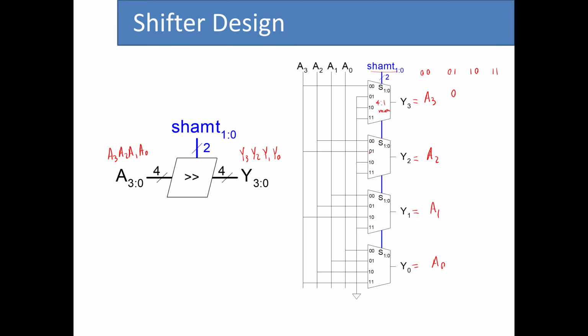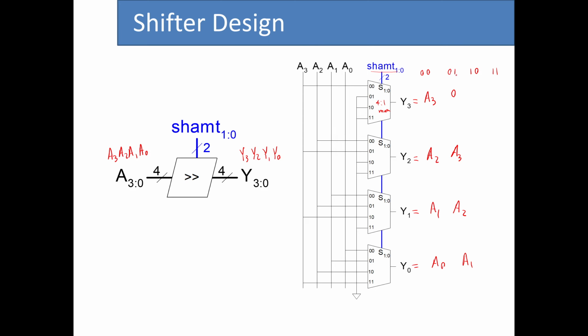The 01 input of the second multiplexer is connected to A3, so y2 is going to be A3. The 01 input of this multiplexer is connected to A2, so y1 becomes A2. And finally, the 01 input of the fourth multiplexer is connected to A1, so y0 becomes A1.